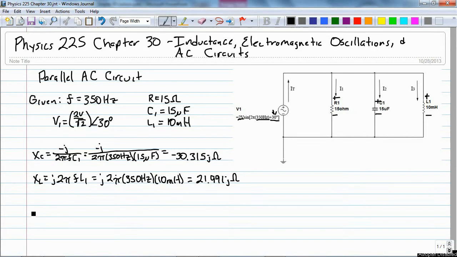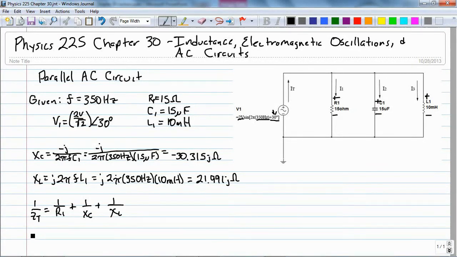And we can calculate our total impedance, which is ZT, and I could write this as 1 over ZT is equal to 1 over R1 plus 1 over XC, my capacitive reactance, plus 1 over XL, which is my inductive reactance.